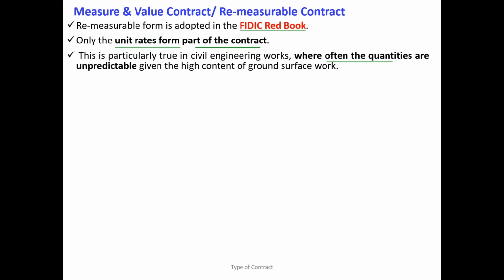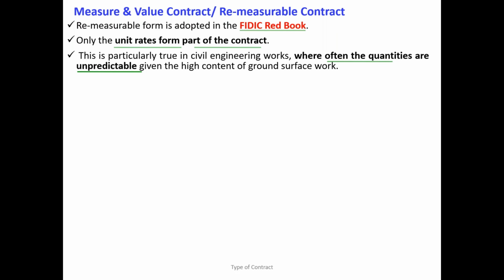Most of the time, these contracts are very useful when it comes to a project where the quantities are not measurable. For example, is it possible to measure infrastructure quantities like road works? It's very subjective, right?